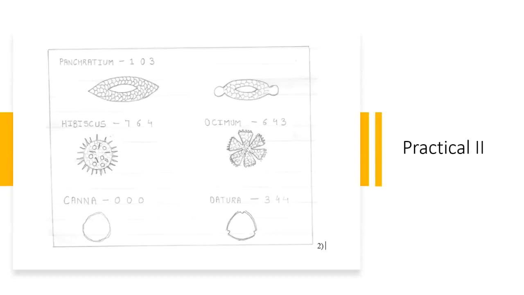We are going to do this practical, and here you can see there are at least 5 different types of pollen grains for the study. And here you can see the pollen grains of Pancratium, Hibiscus, Canna, Datura, and Ocimum, Tulsi. Now here you can see the Ocimum has a cartwheel-like structure. It's a spherical structure.